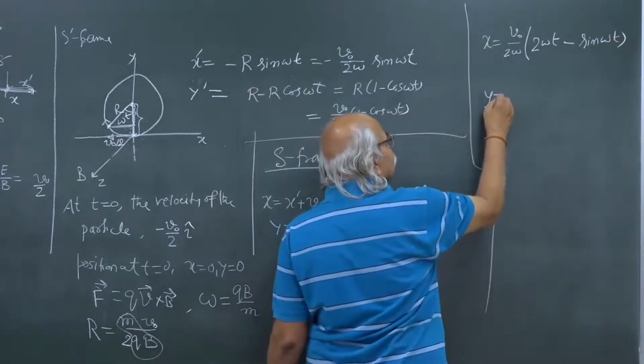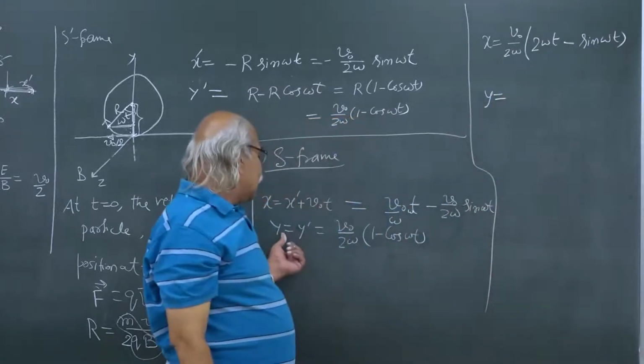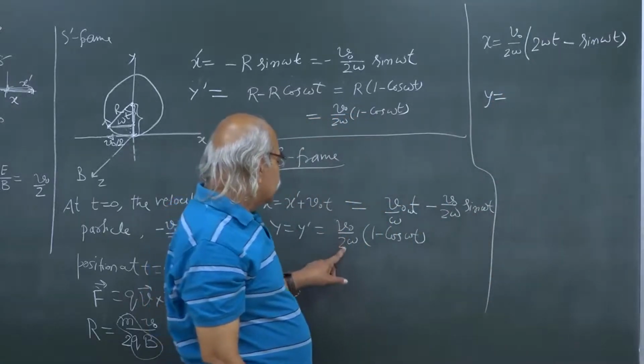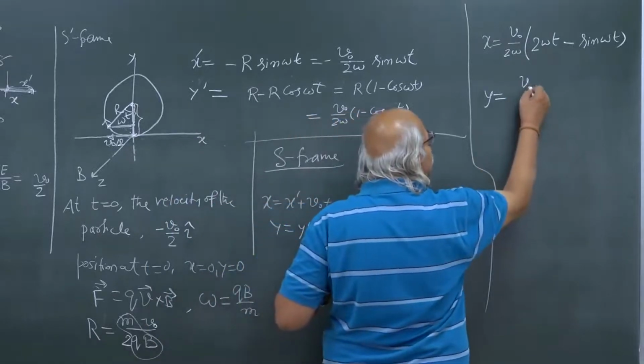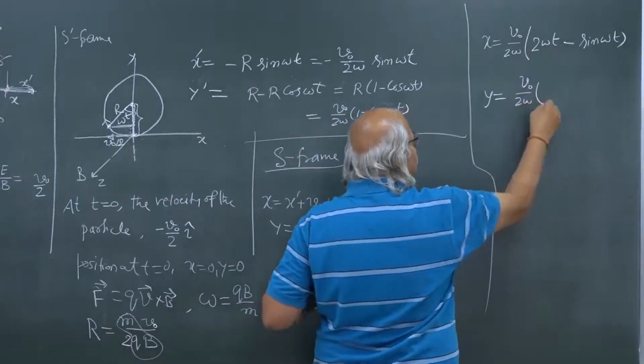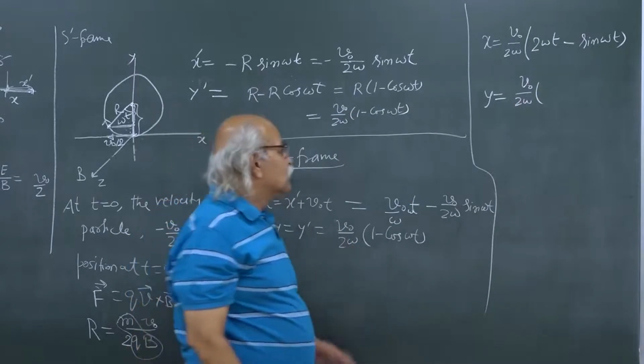And y is equal to v naught by 2 omega and then 1 minus cos omega t.